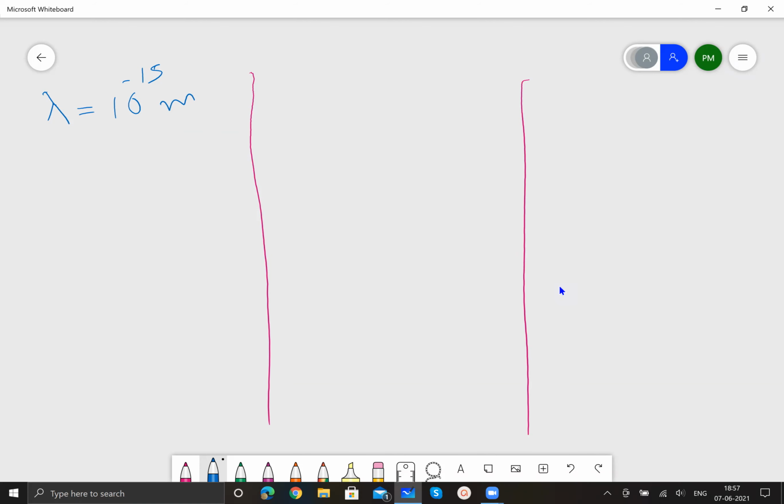What should be the order of the energy of the electron beams?